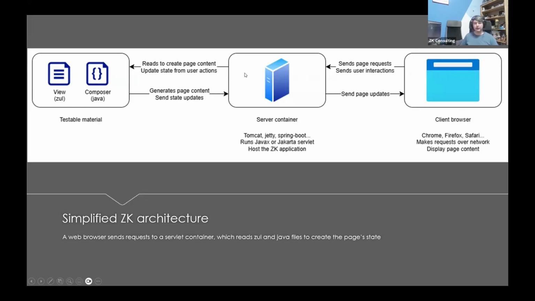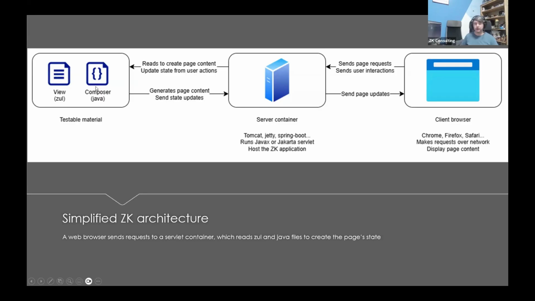That servlet container is going to go to your content files, which are going to be your ZUL file and your Java classes that describe your ZK application. So that should be, in most cases, either a ZUL and a composer, or a ZUL file and a view model, which are generally what happens. There are other things you can test for.